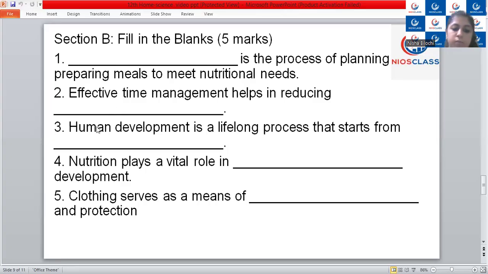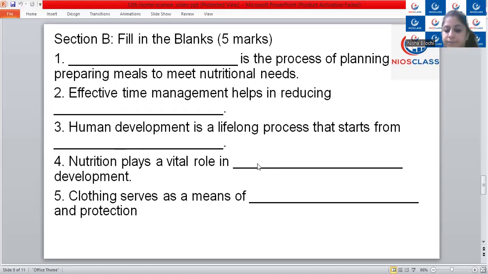Okay. Human development is a lifelong process that starts from where? Again, you have got a hint from the questions: infancy. Okay, infancy. I-N-F-A-N-C-Y. Okay. Fourth one, nutrition plays a vital role in dash development. Either you can write down overall or you can write down holistic.